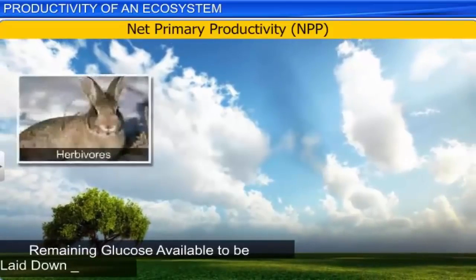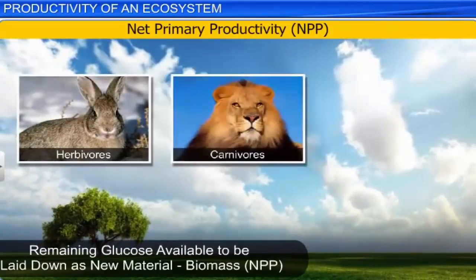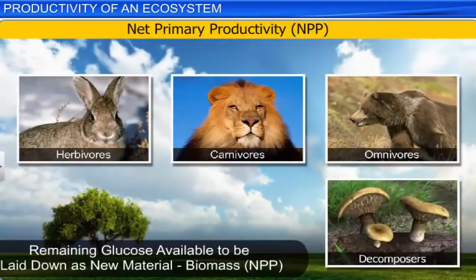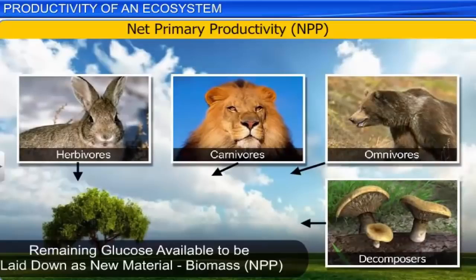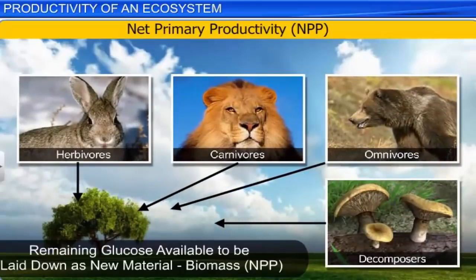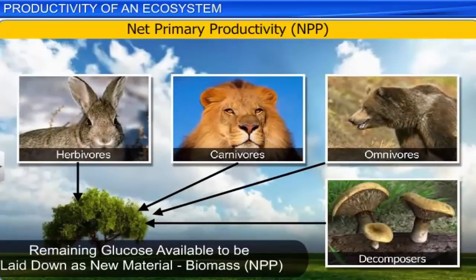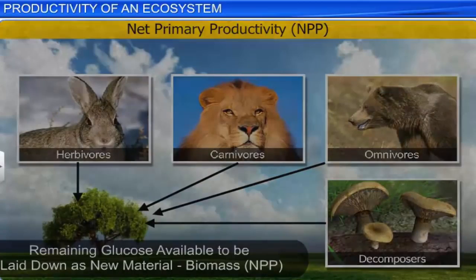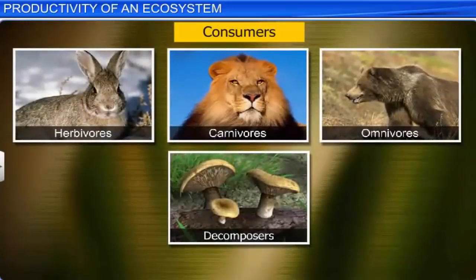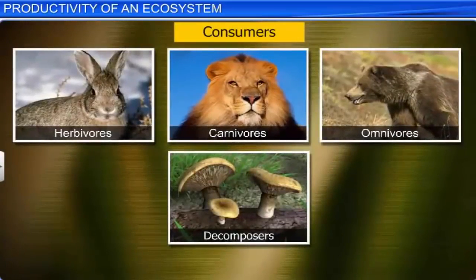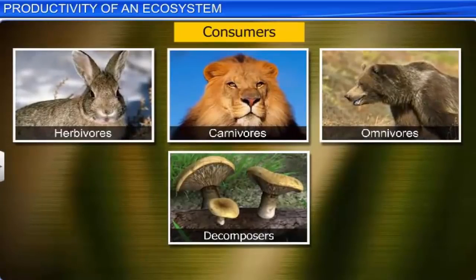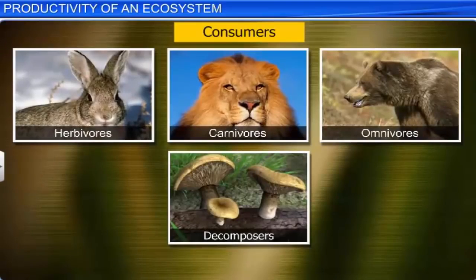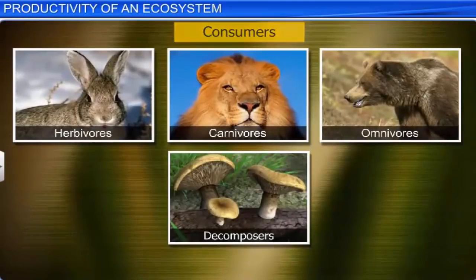Heterotrophs such as herbivores, carnivores, omnivores, and decomposers feed on this net biomass available either directly or indirectly and convert chemical energy of their food into their own biomass. The rate of formation of biomass by consumers, or the amount of biomass formed per unit area and time by consumers, is called secondary productivity.